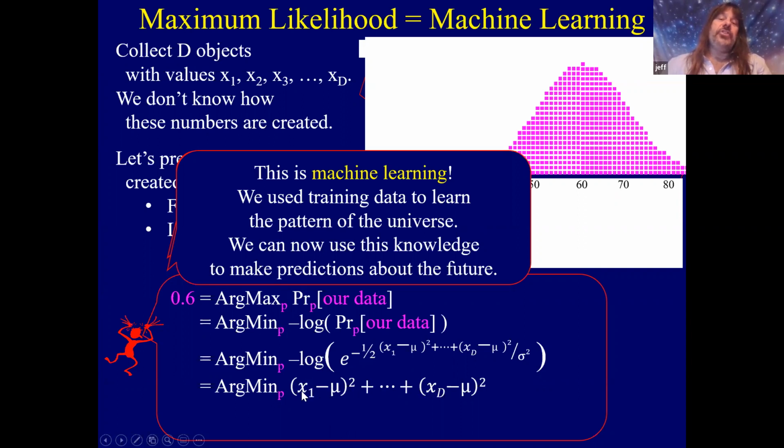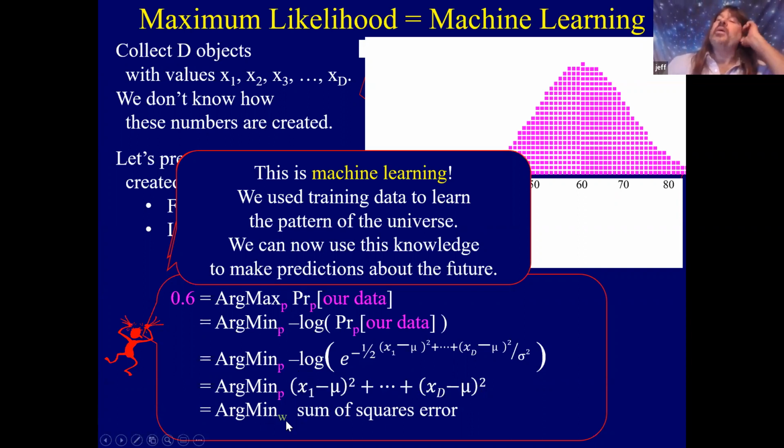So this is your error, and it's the sum of squared errors, which is exactly what we were doing in machine learning. We have our training data, and we're trying to get this set of parameters so that we can minimize the sum of squared errors in our model of understanding the world, right?